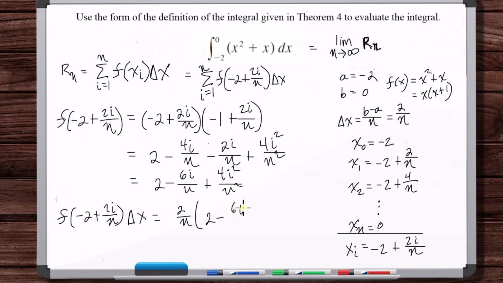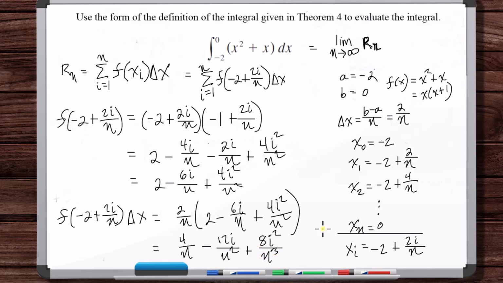So 2 minus 6i divided by n plus 4i squared divided by n squared, times 2 over n, gives 4 divided by n minus 12i divided by n squared plus 8i squared divided by n cubed.